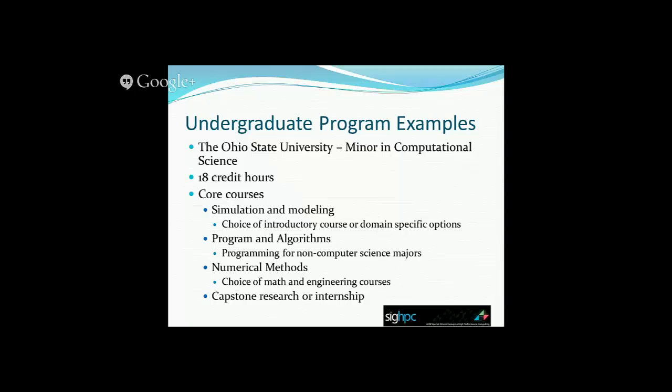Again, the programming and algorithms, we had to come to a compromise for a programming course for non-computer science majors. Of course, if you're taking the minor as a computer science major, this would be covered by your regular curriculum. And in numerical methods, there's the choice of math and engineering courses that cover this material.